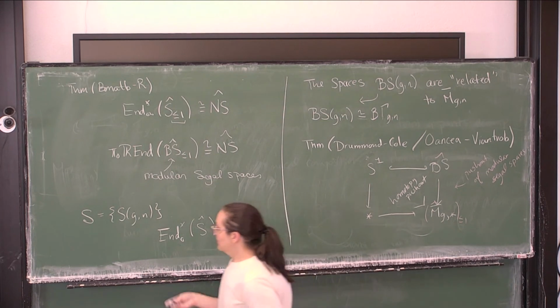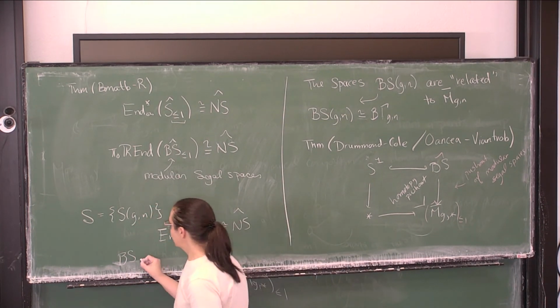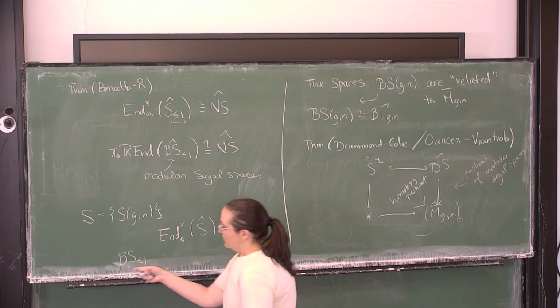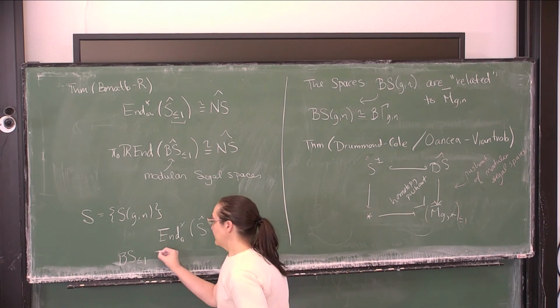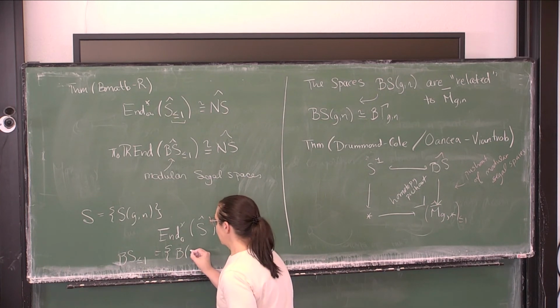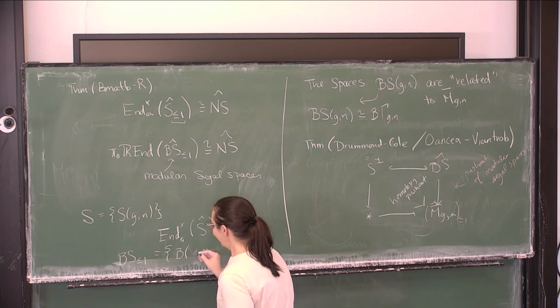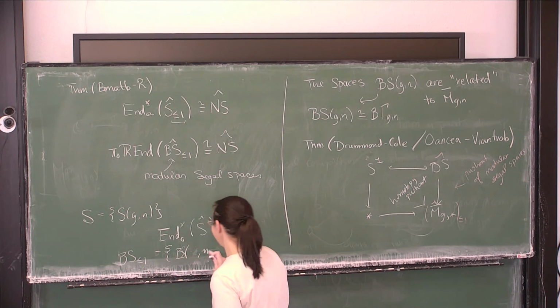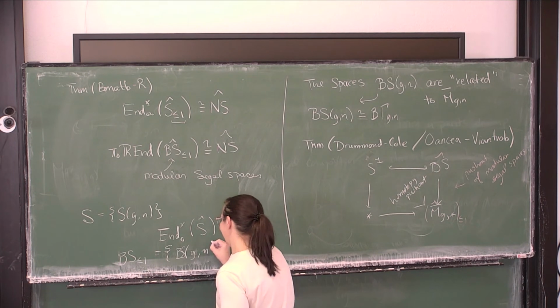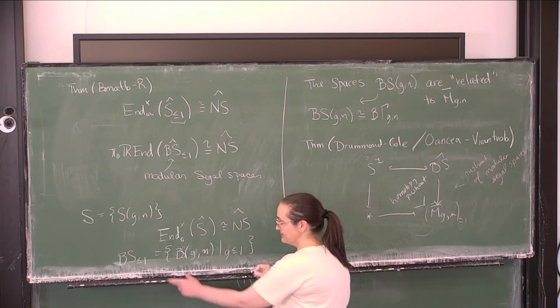It's when you do the classifying spaces. So here, when I say the truncation, I mean I'm just taking the classifying spaces to the end where they are equal to 1.